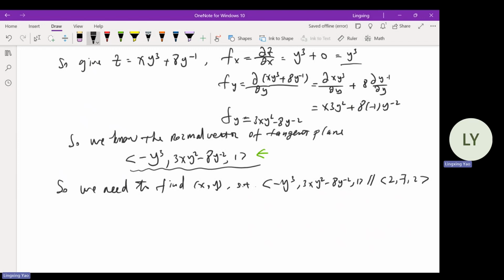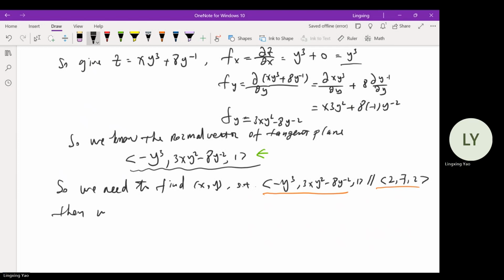So how do we get it? Do you still remember the feature of two vectors being parallel to each other when we talked about vector calculation? Yep, that's right.